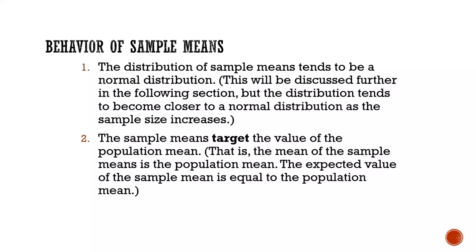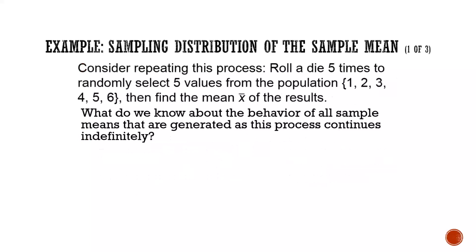This is hard to see without having an example, okay? So let's just try to give an example. Let's consider this process. Say this dice has been rolled many, many times. I can roll a dice 5 times to randomly select 5 values from the population, and then find the mean of each of these results.